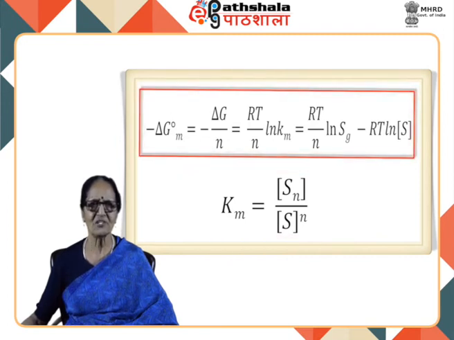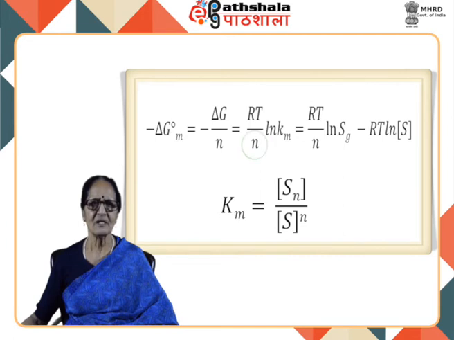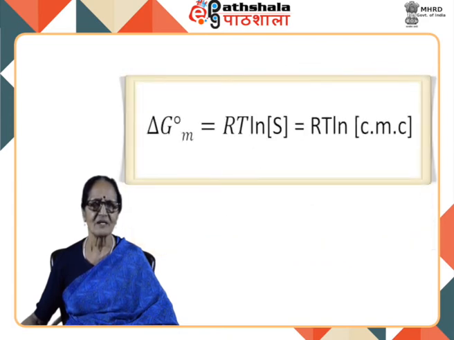For many micellar systems, n is greater than 50, and therefore the first term on the right hand side of equation 11 may be neglected, which results in equation 12, that is delta G0m equal to RT ln S equal to RT ln CMC, which is identical to the equation derived earlier using the phase separation model.